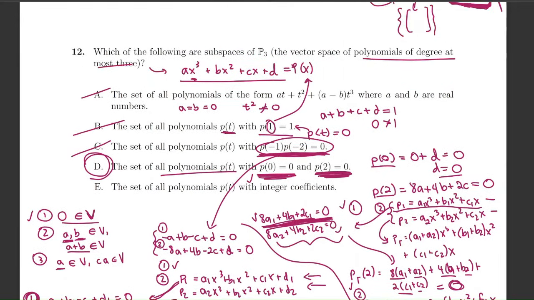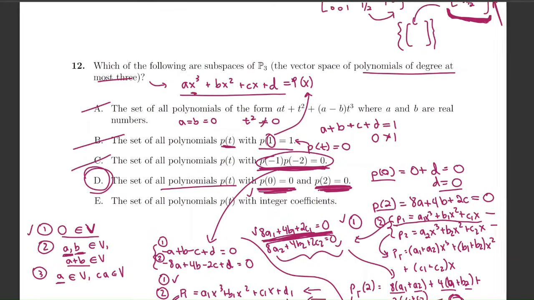For part E, I'm not going to go through all of these things again. Hopefully you can check yourself. But first of all, the integer coefficients a, b, c, d here can be 0, and those are still integers, so it is satisfied. For 2, if you add two integers, they're still integers, so this is closed under addition.